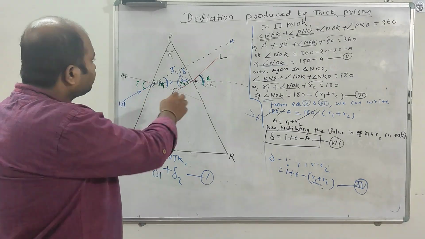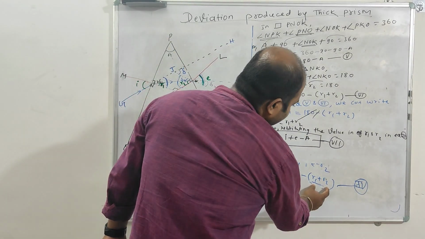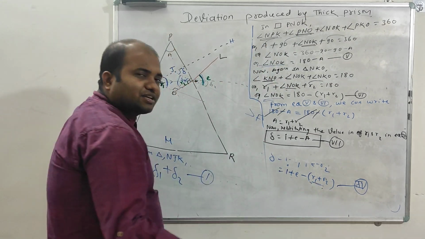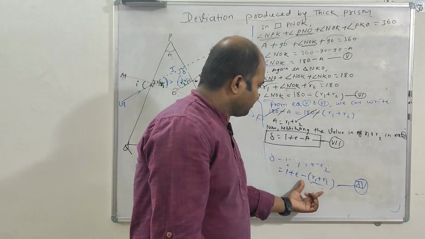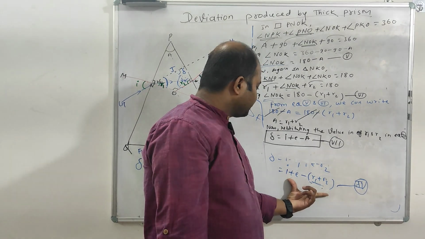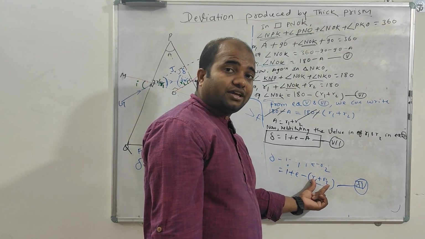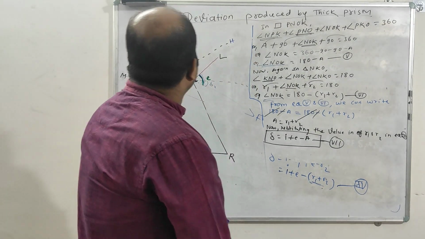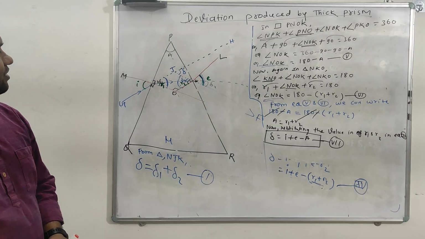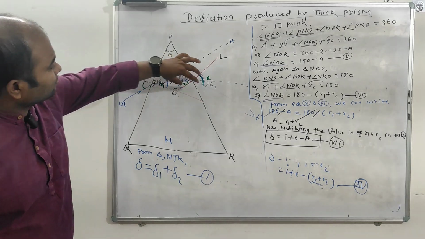So after this, we got a common R1 plus R2, and something we need to convert. This is also fine, but I told you this should be converted. This is the value of del, but R1 and R2 should be converted in the form of A, the angle of prism. So for that we have taken the two steps, right? Once you have done this, just think what you have to do. These two things are done.